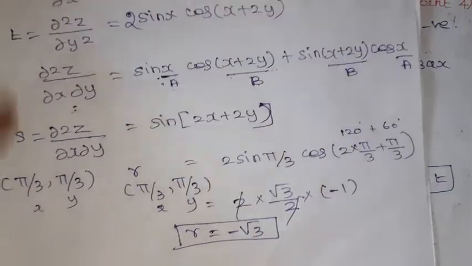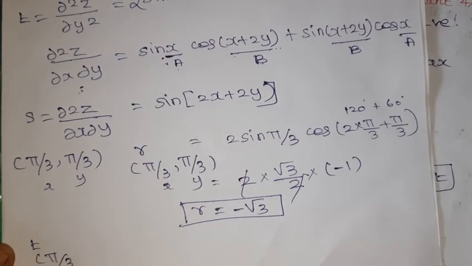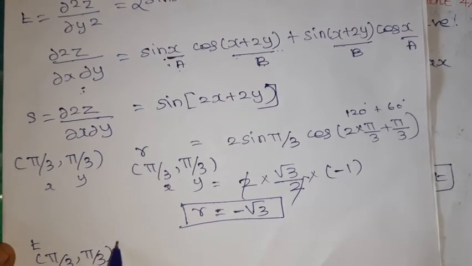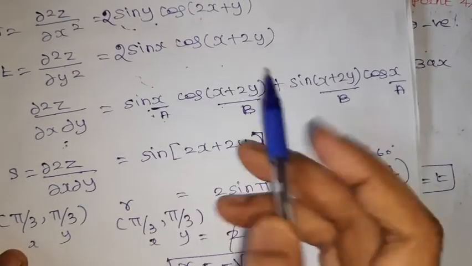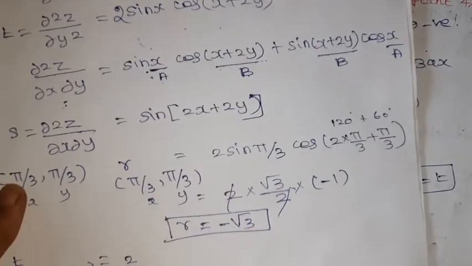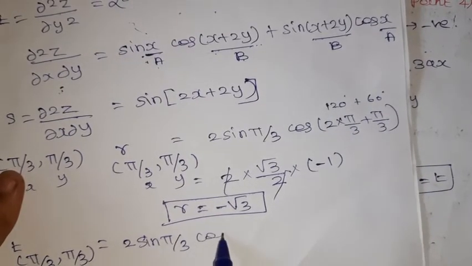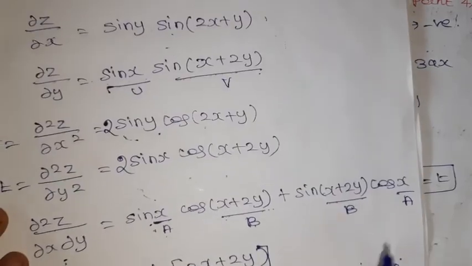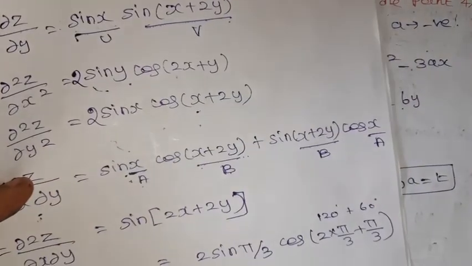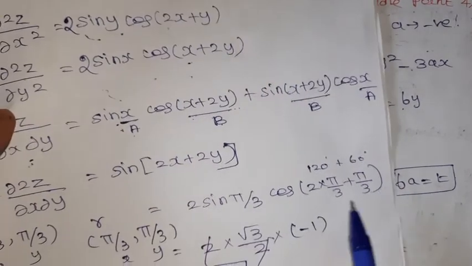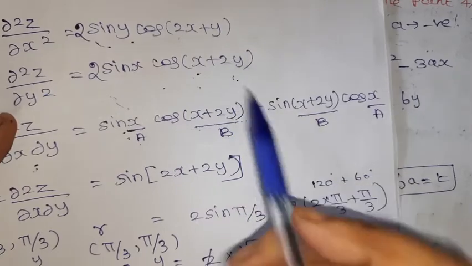Then we need to find out the t value. T value at this point, pi by 3 comma pi by 3. See, 2 sin pi by 3 into cos of pi by 3 plus 2 pi by 3. Here pi by 3 plus 2 pi by 3, what do we get by resolving?